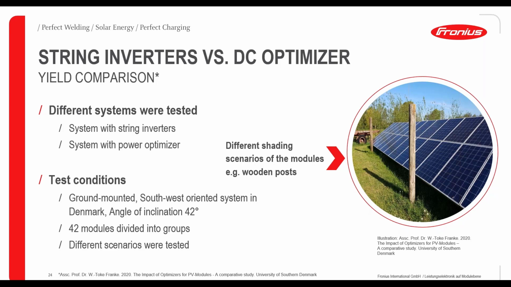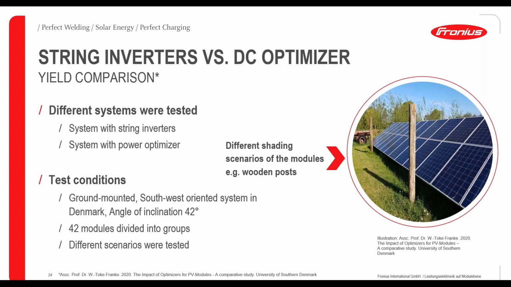So there were different scenarios, and the test conditions were the same for the systems with string inverters and for the power optimizers. So we had ground-mounted, southwest-oriented systems in Denmark with the same inclination on both systems of 42 degrees. And those 42 modules were then divided into those separate groups.